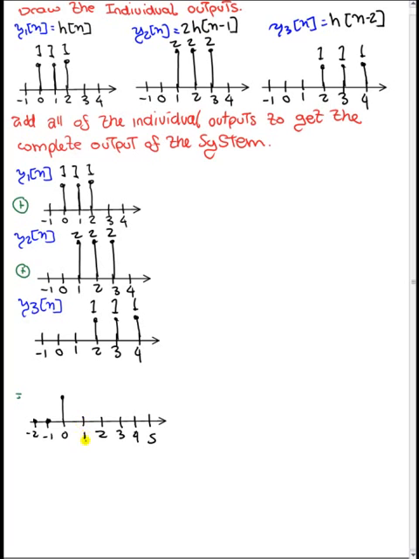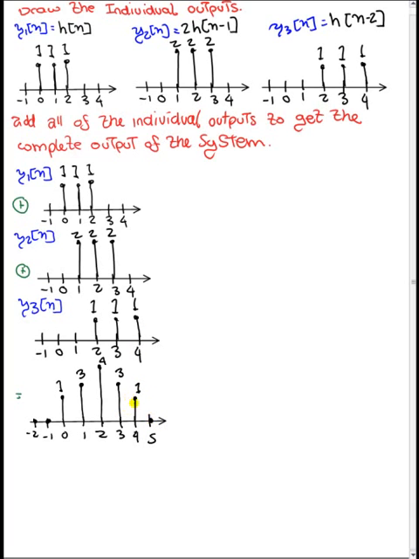At 1, we're going to have 2 plus 1, which is 3. At 2, we're going to have 1 plus 2 plus 1, which is 4. At 3, we're going to have 1 plus 2, which is 3. At 4, we're going to have 1. At 5, we're going to have 0.